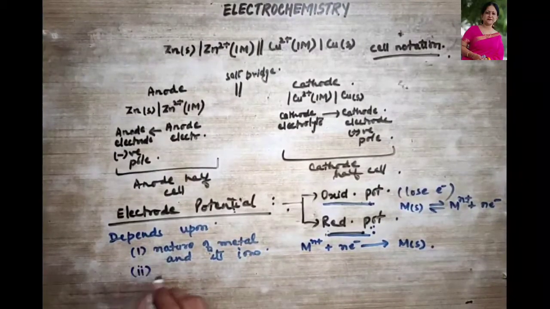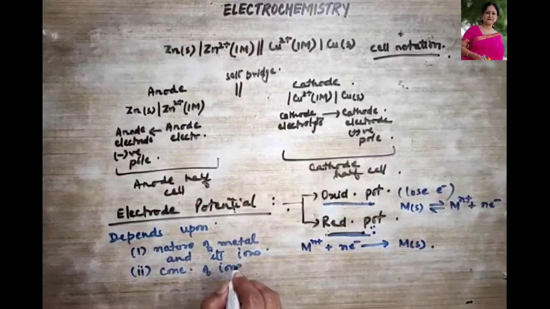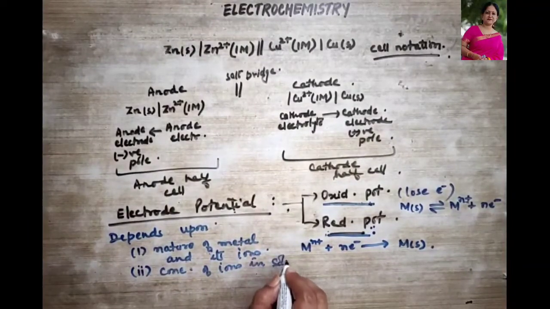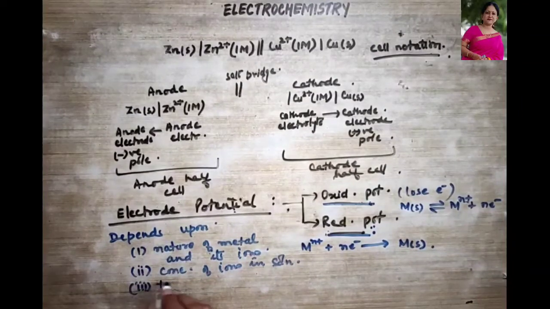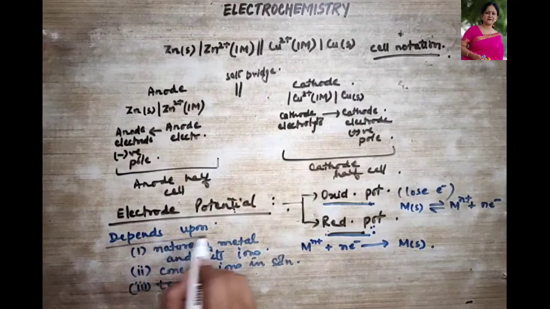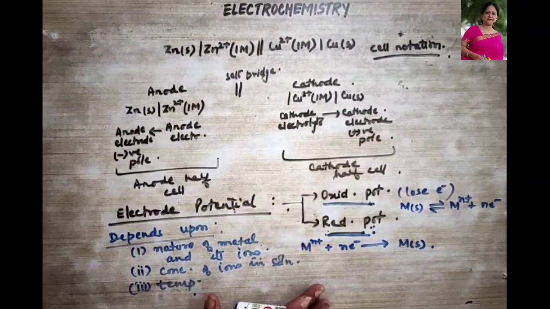And secondly, it also depends upon the concentration of the ions in the solution. And third point, it also depends upon the temperature. So your electrode potential depends upon three things. What are they? The nature of the metal and its ions, the concentration of the ion in the solution, as well as the temperature. I hope till here everything is clear.